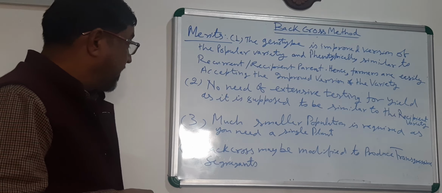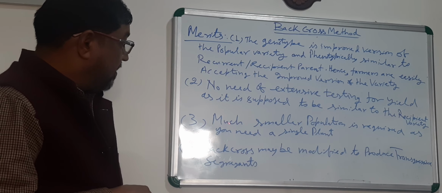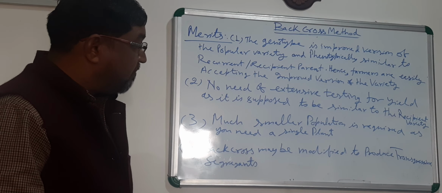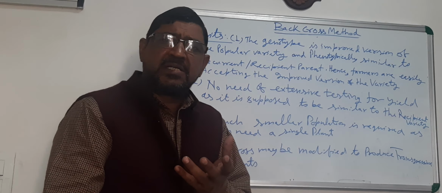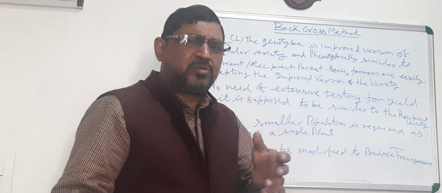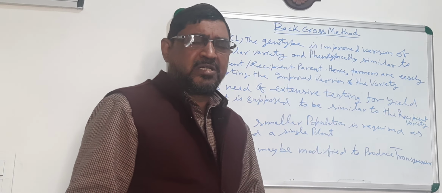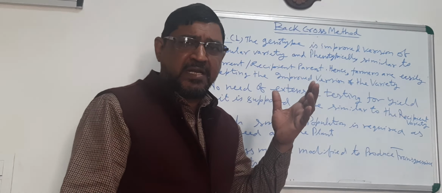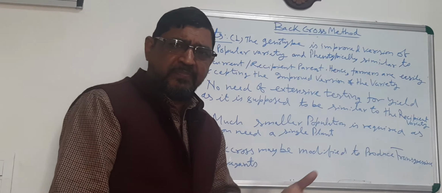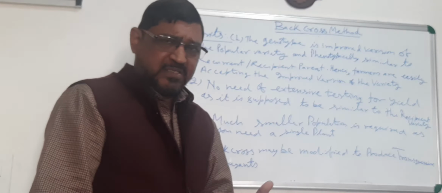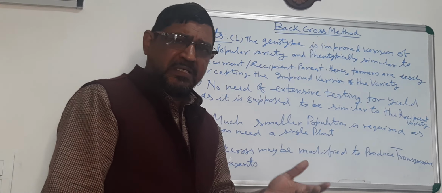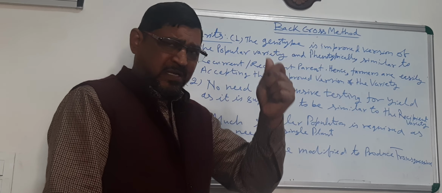Third, a much smaller population is required, as you need a single plant. In every generation you are selecting a single plant, so not as large a population is required as in transgressive segregation, where you get 50% resistant plants and 50% susceptible plants. You take any plant which is closest, a single plant.